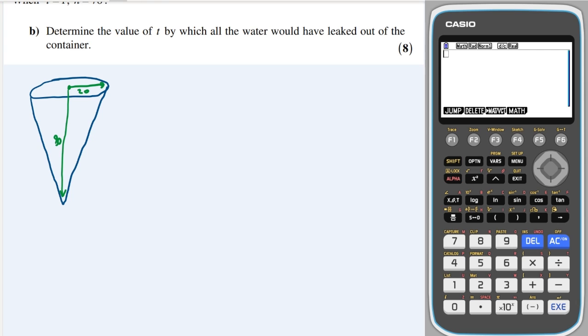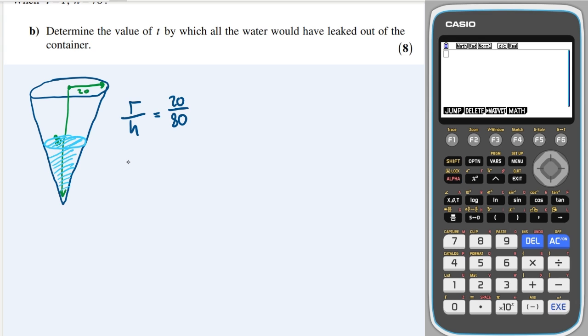Okay, so that means that because we're in proportion, if I have however much water I have in here, the radius and height will be in the same proportion. So that means that the radius divided by the height will always be in the same proportion as what it was originally, which was 20 divided by 80.